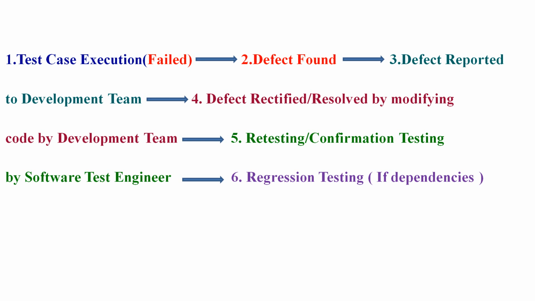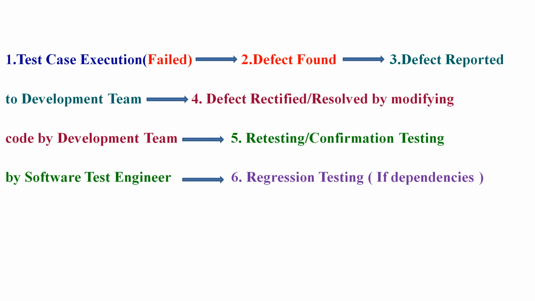Once the defect is reported to the development team, the developers will rectify or resolve that defect. How will they rectify it?